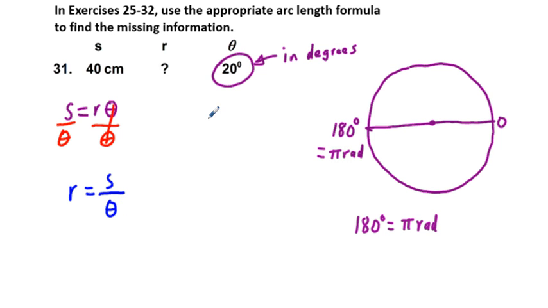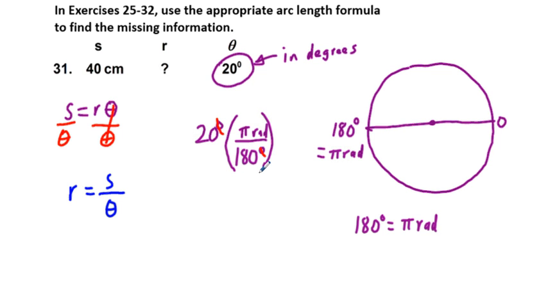Now, this 20 degrees, let's convert that to radians. We have 20 degrees, and to convert that into radians, we're going to multiply by pi radians over 180 degrees.